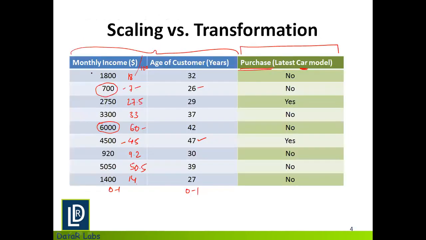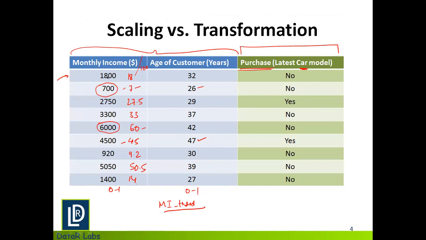If I have to convert monthly income into a transformed variable, which is monthly income transformed, what I'll simply do is start applying the formula we just saw on the other slide on every row of this data.